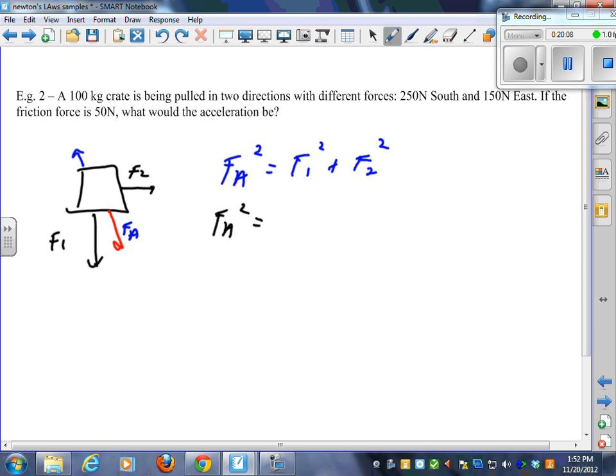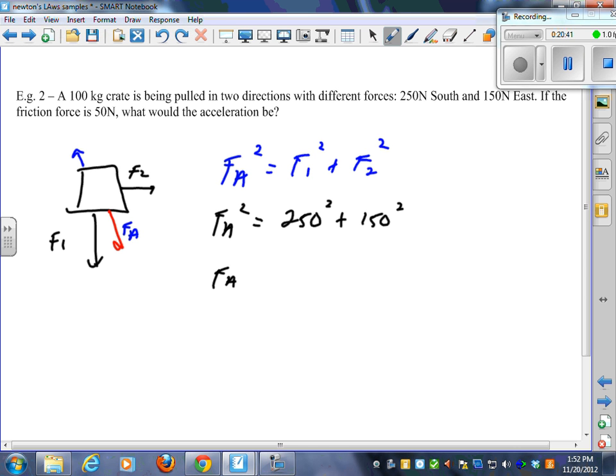FA squared is equal to, how much is my F1? 250. 250 squared plus F2, 150 squared. Can all of you just go straight to an answer here, or do I need to show intermediate steps? Go straight to it. Okay, so it's just going to be 250 squared plus 150 squared. Find the answer, take the square root.